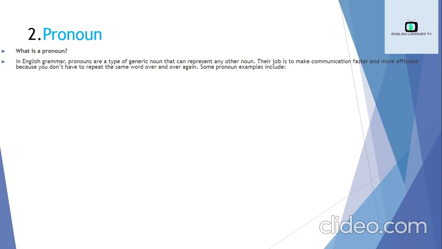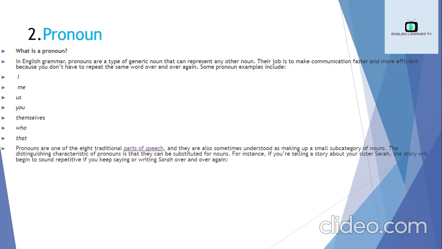Some pronoun examples include I, me, us, you, themselves, who, that. Pronouns are one of the eight traditional parts of speech, and they are also sometimes understood as making up a small subcategory of nouns. The distinguishing characteristic of pronouns is that they can be substituted for nouns.